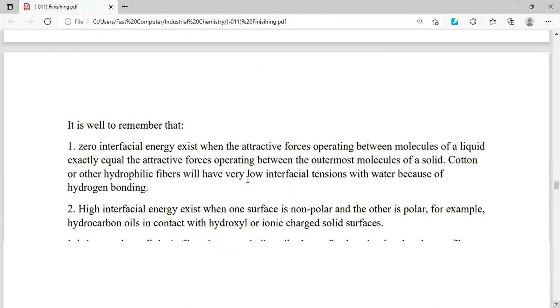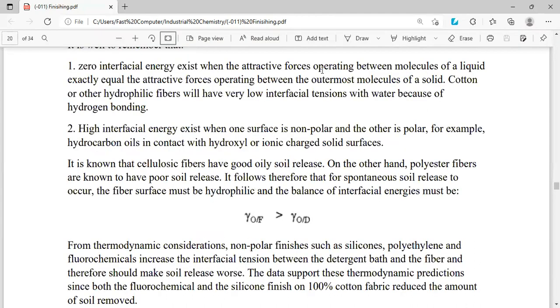It is well to remember that zero interfacial energy exists when the attractive forces operating between molecules of a liquid exactly equal the attractive forces operating between the outermost molecules of a solid. Cotton or other hydrophilic fibers will have very low interfacial tensions with water because of hydrogen bonding.